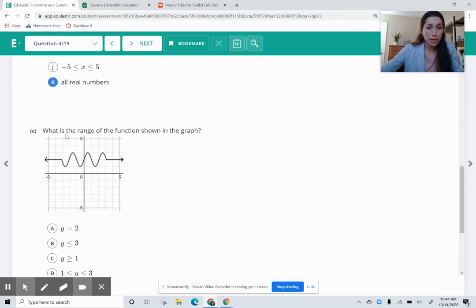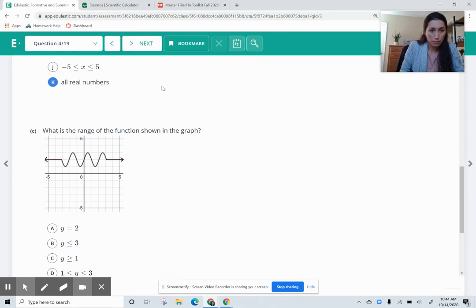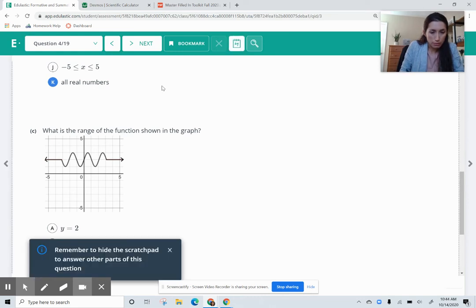And what is the range? So range is the y values. So we want to scan the y-axis. So what's the highest point on the y and what's the lowest point on the y? Well, I'm noticing here the highest point on my y, and maybe I'll just open up my scratch pad. Oh, okay.